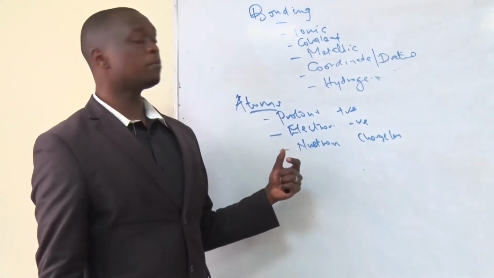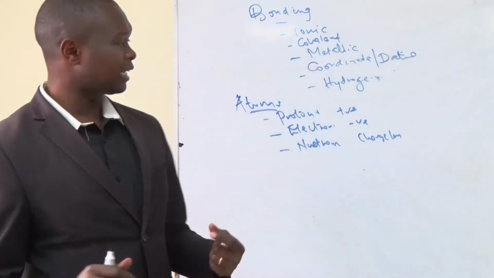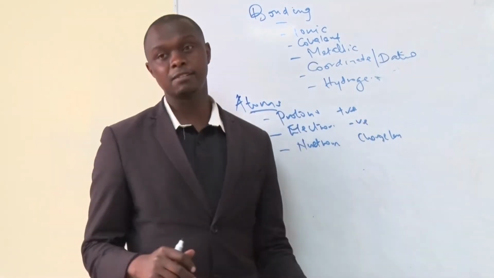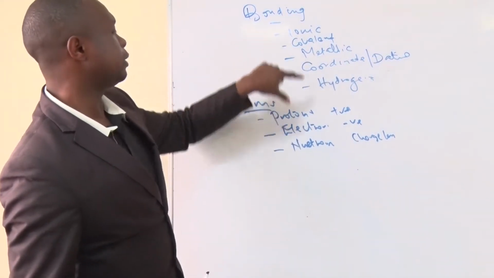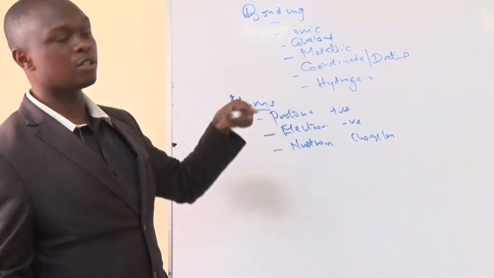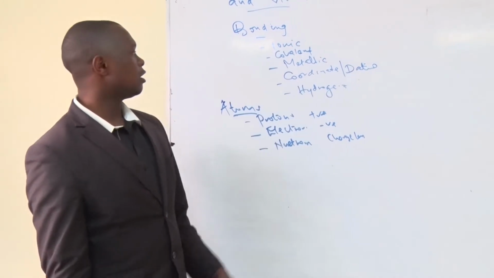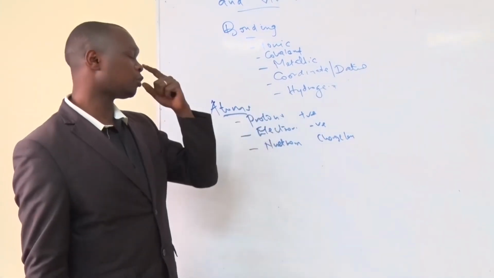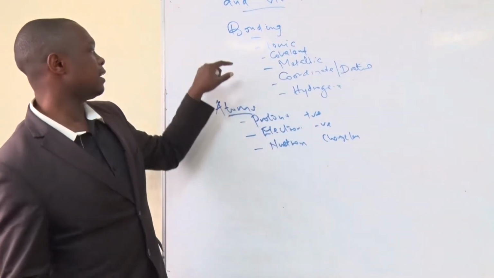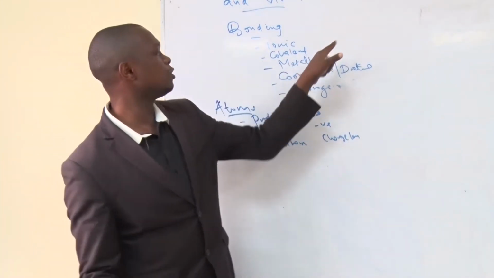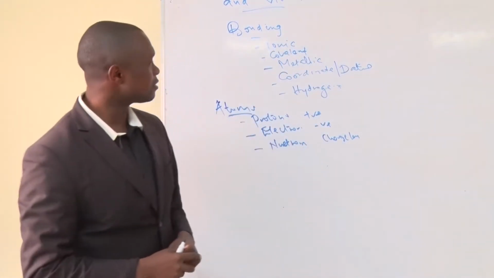Now, bonding is normally achieved when there is attraction between the like and unlike charges, that is the positive and the negative charges. We have the following types of bonding that can occur between atoms of elements or different elements. We have ionic bonding, which is the total transfer of electrons from one species of an atom to another. And then there is covalent bonding, in which there is a pair sharing of electrons.